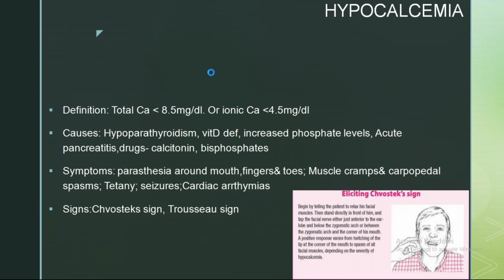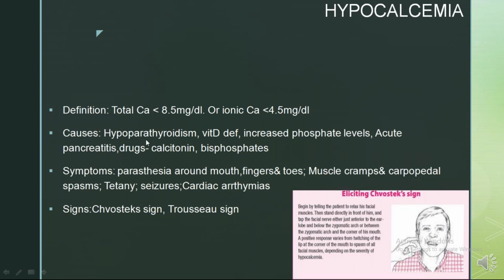Less than 8.5 is termed hypocalcemia, or ionic calcium level less than 4.5 mg per dL. The main causes include hypoparathyroidism, that is undersecretion of parathormone, and vitamin D deficiency. There is an inverse relationship with phosphate, so increased phosphate levels can decrease calcium absorption.